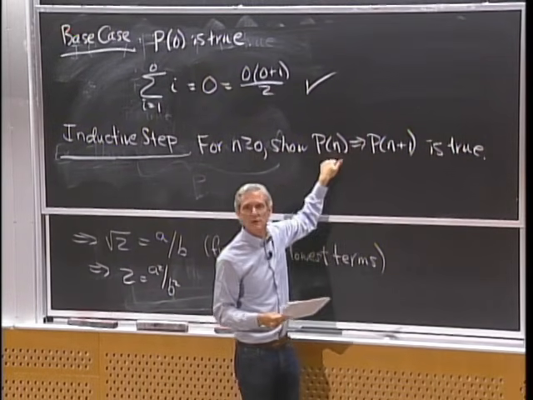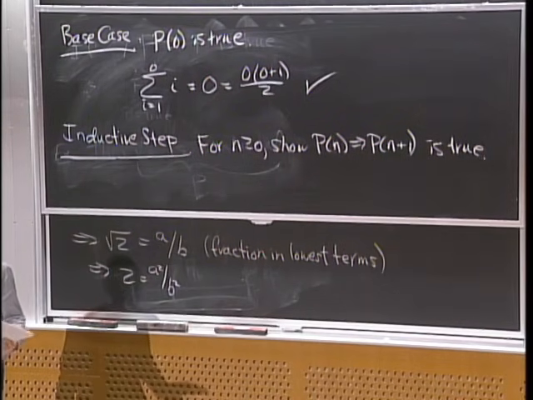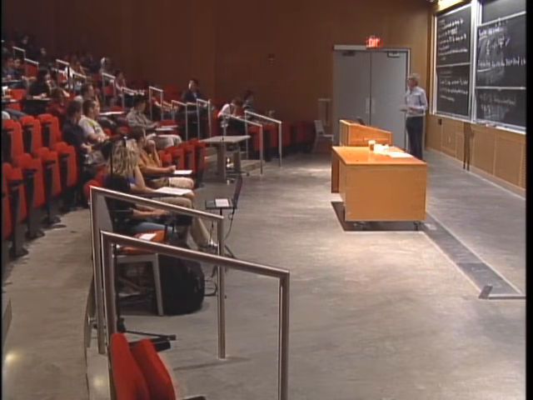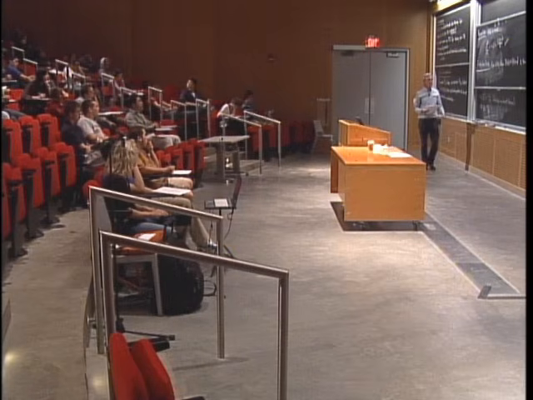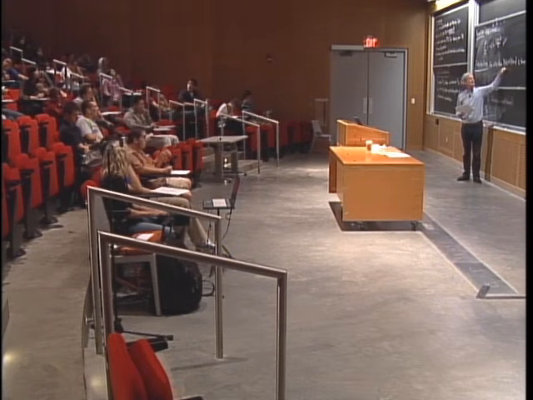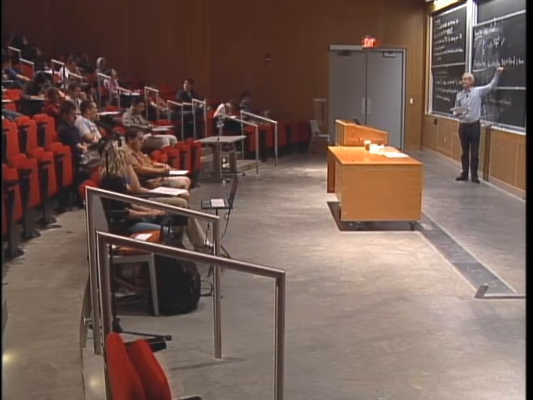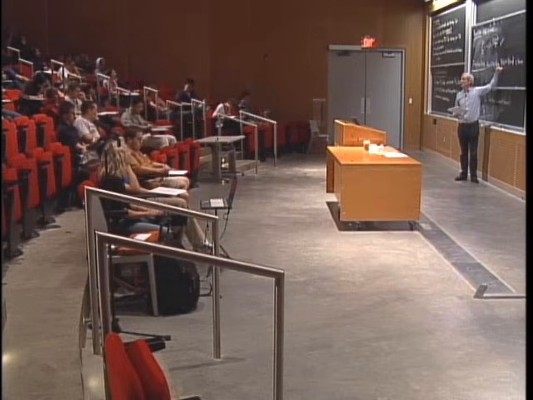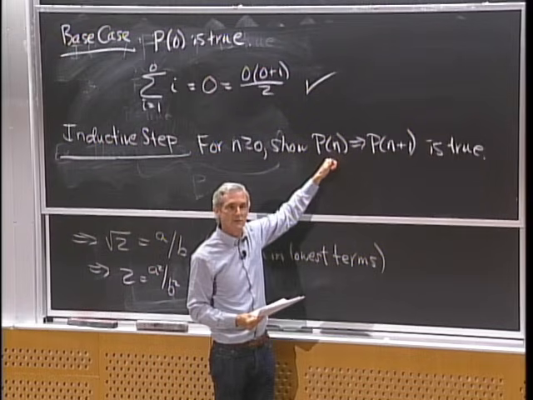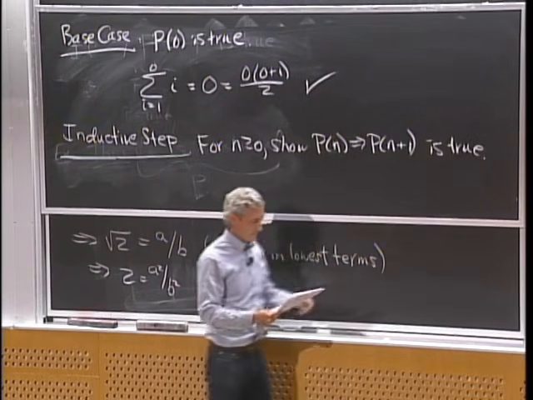What am I going to do to show that's true in general? Right, because an implication is true in every case except for true implies false. So if Pn is false, we're done. This implication is true. The only case we have to worry about is P of n is true. So we assume P of n is true, and now we confirm that that means Pn plus 1 is true.